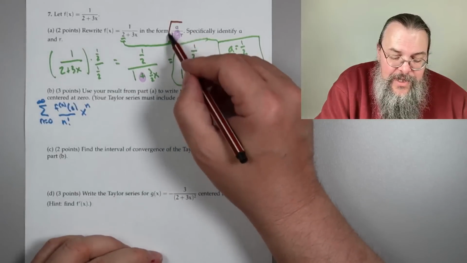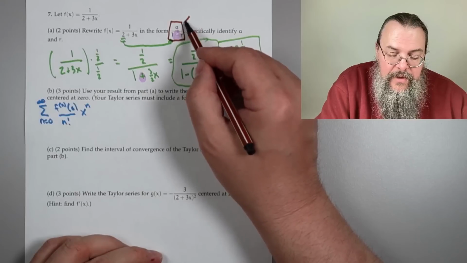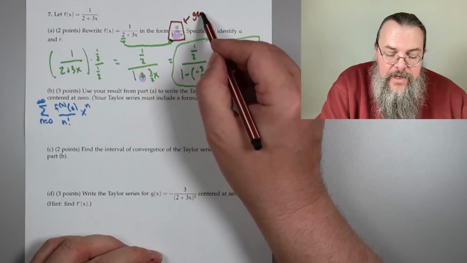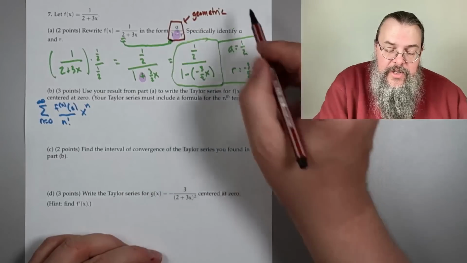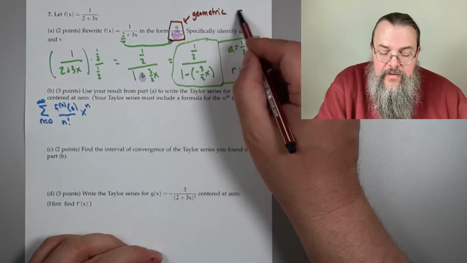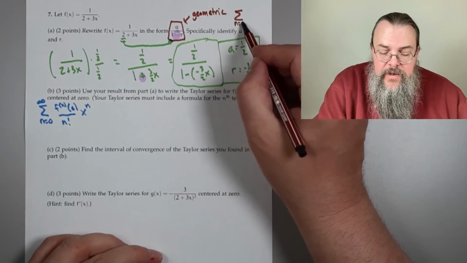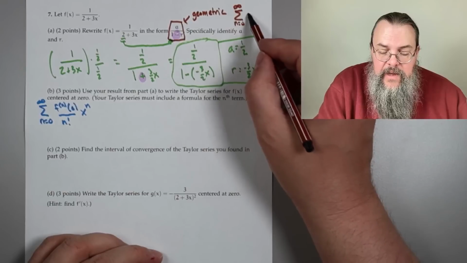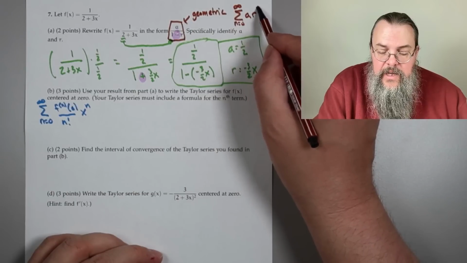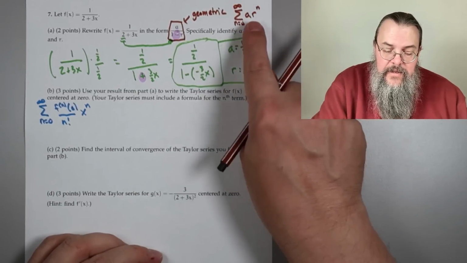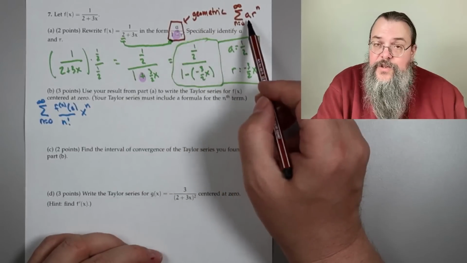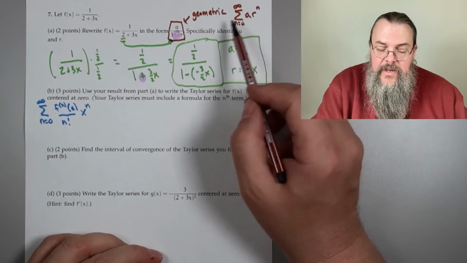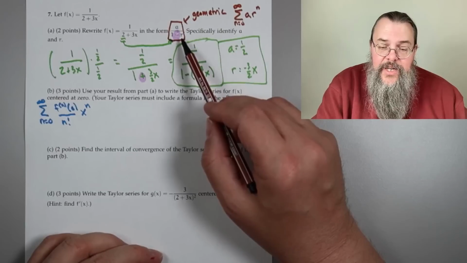This shows up in a special case of what's known as a geometric series. So in particular, if you take the sum from n equals 0 to infinity of a r to the n, then you get a over 1 minus r. So the a is the first term, when you plug in 0, and then the r is what you're multiplying by each time.